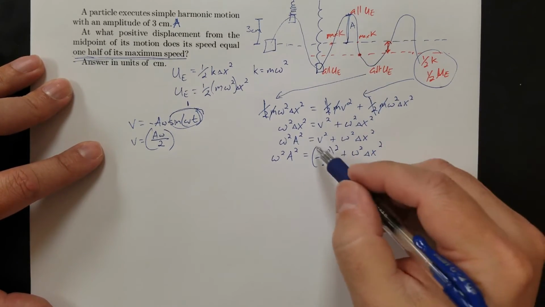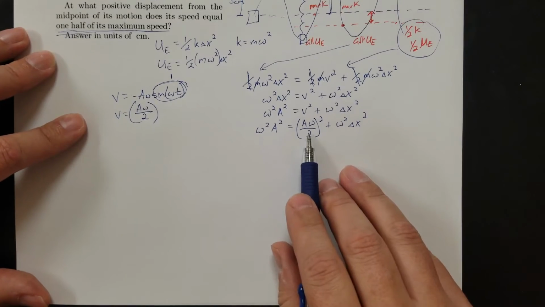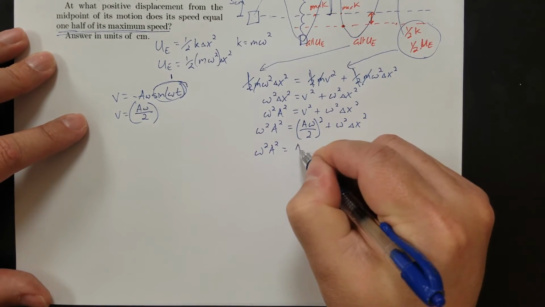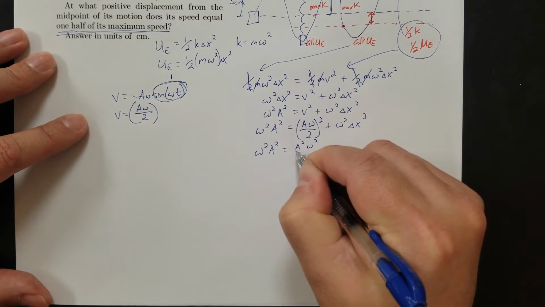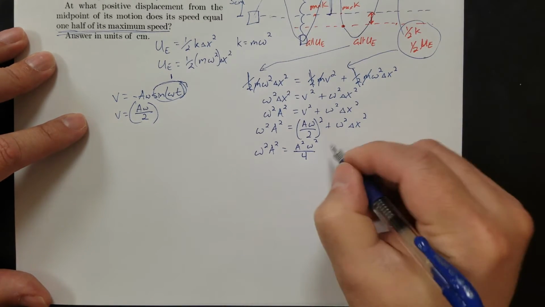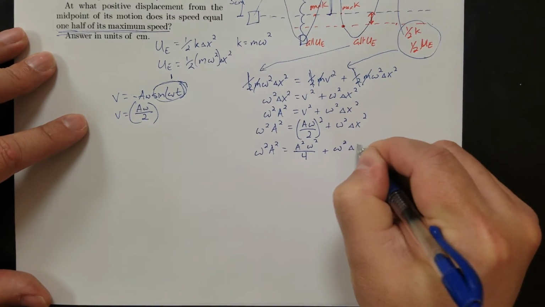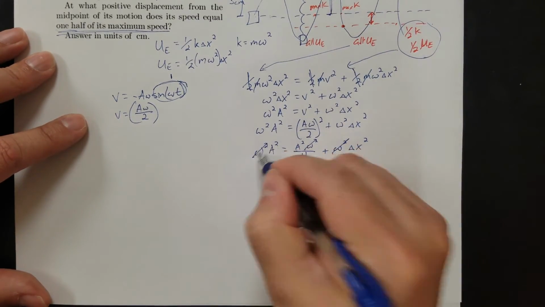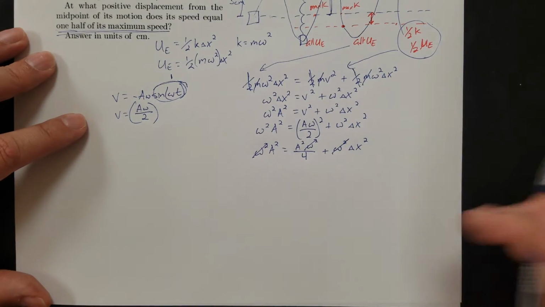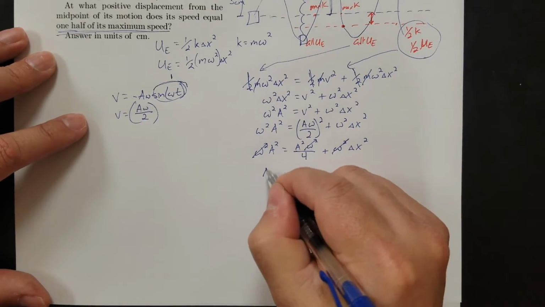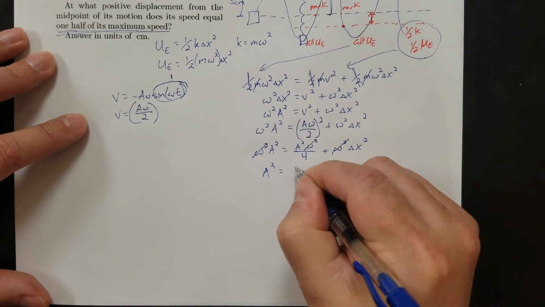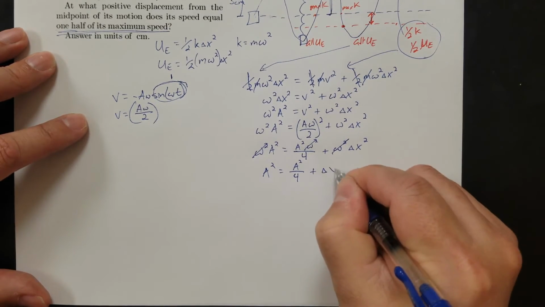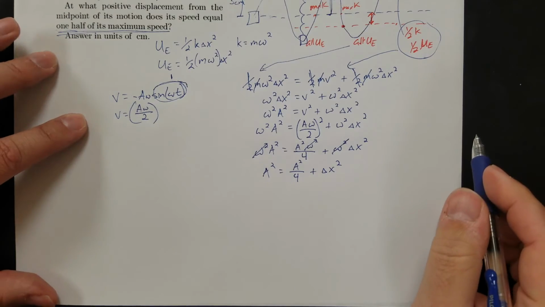If I distribute this square in, omega squared A squared equals A squared omega squared over 4 plus omega squared delta x squared. Omega squared, omega squared, omega squared, it's gone. So now it's easy. Now I have A squared equals A squared over 4 plus delta x squared.